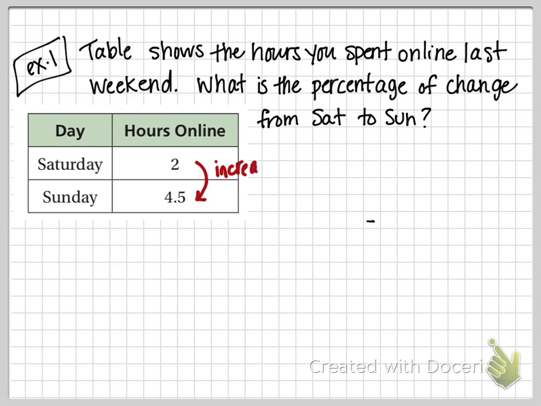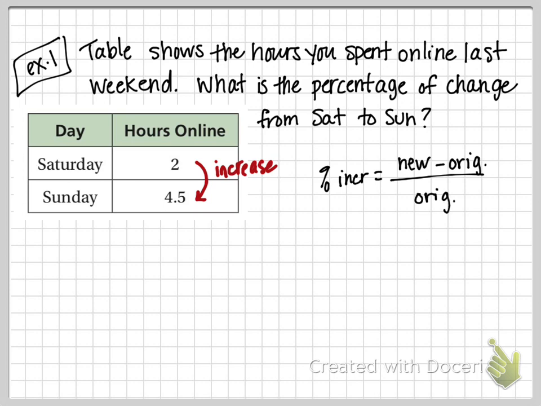Because we went from 2 hours to 4.5 hours. So if we look back at our percent increase formula, percent increase is going to be equal to the new amount minus the original amount over the original amount.